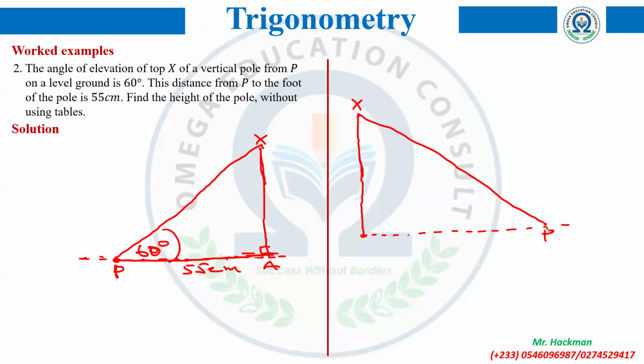So your diagram will be the inverted or flipped one, but it's the same diagram. Your 60 degrees will be here, your A with the 90, and this will be your 55 centimeters.